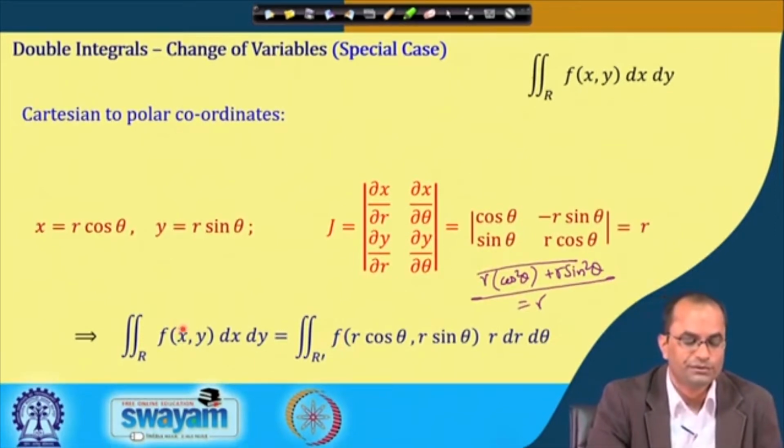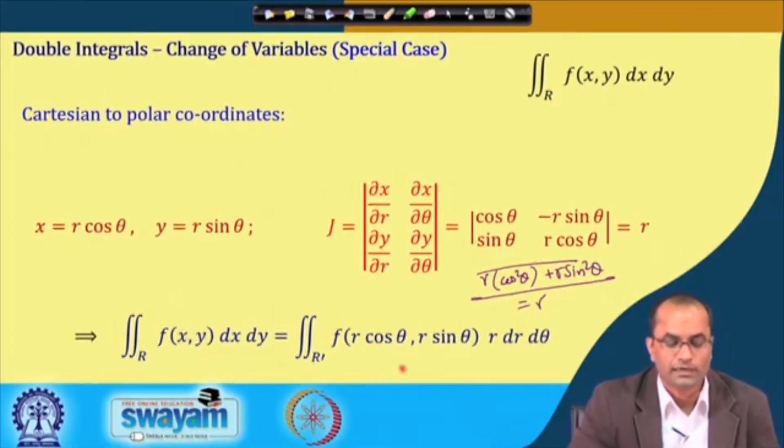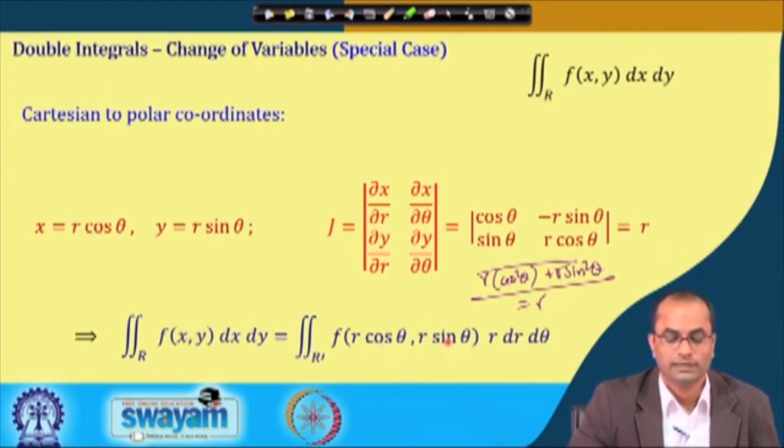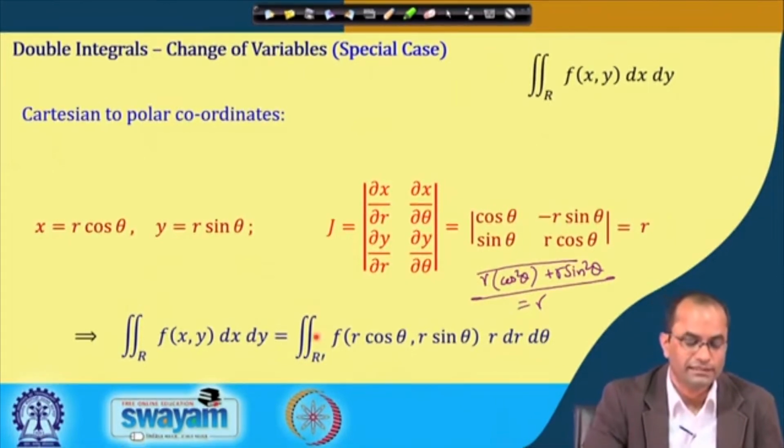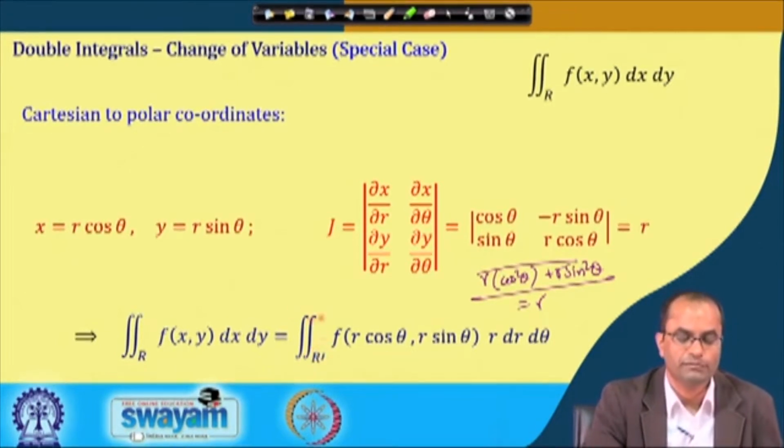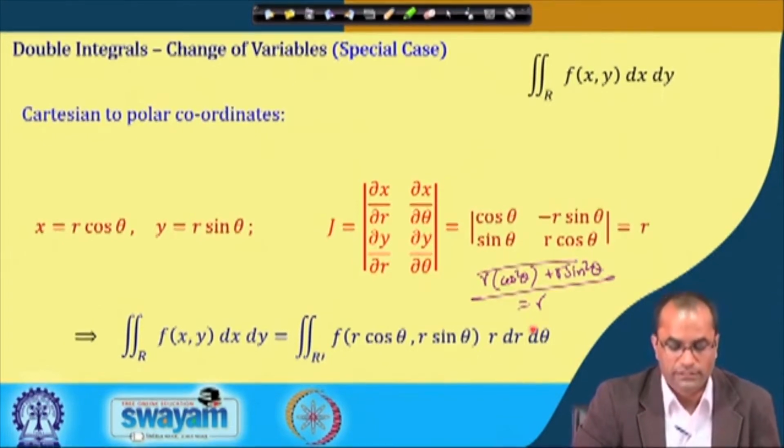We substitute x and y as r cos theta and r sin theta, then dx dy will become r dr d theta, and this region R prime will be described in terms of the polar coordinates r and theta.